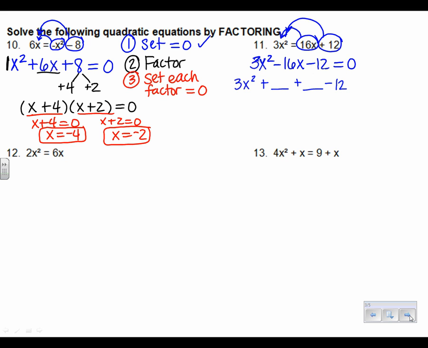So if you need to, off to the side, write your sum and your product. Sum comes from the middle term, negative 16x. The product comes from multiplying 3x squared times negative 12, and I get negative 36x squared. So I need to come up with two things that multiply to negative 36 and add to negative 16.